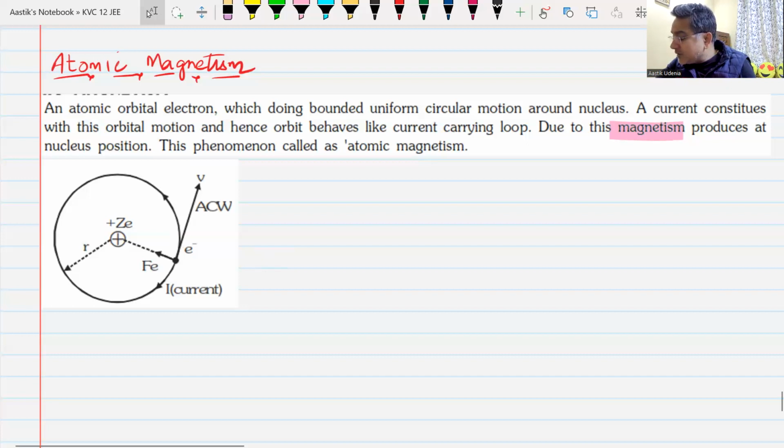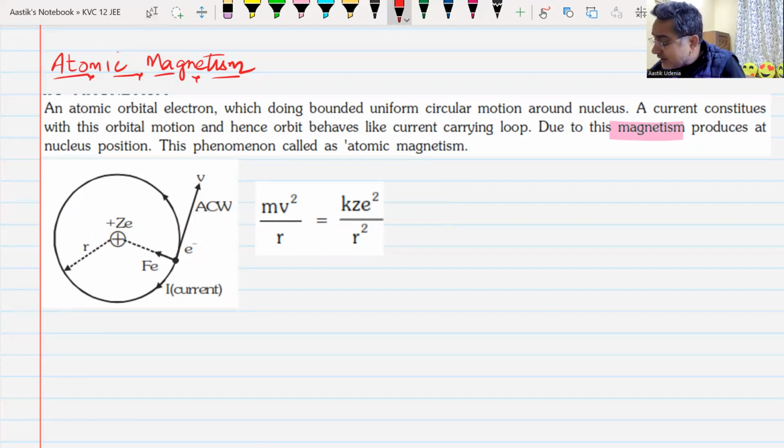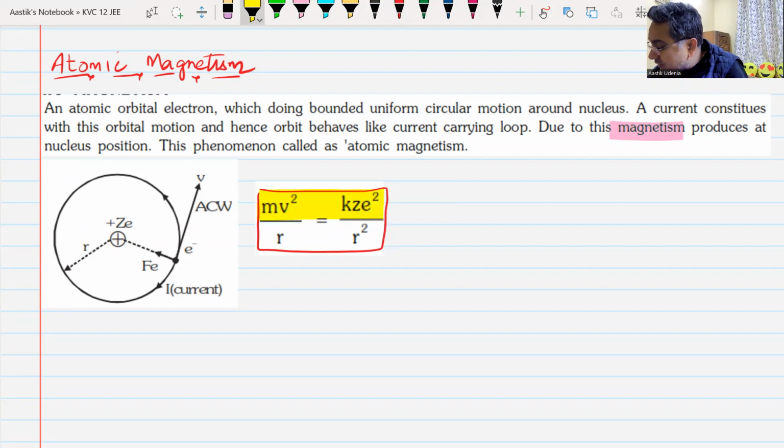Now, you must understand, if such a question comes, that this electron which is revolving will require centripetal force mv square by r, and this centripetal force is given by the attractive force between the nucleus and the charge. So this first equation is the equation of the centripetal force.